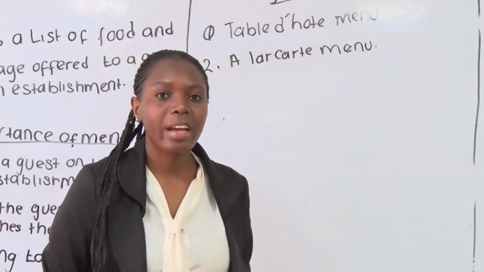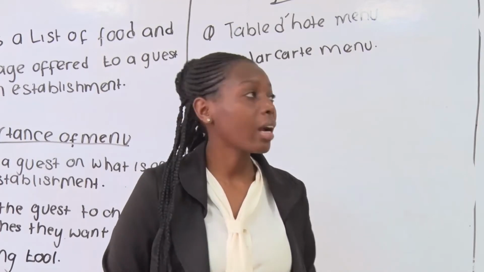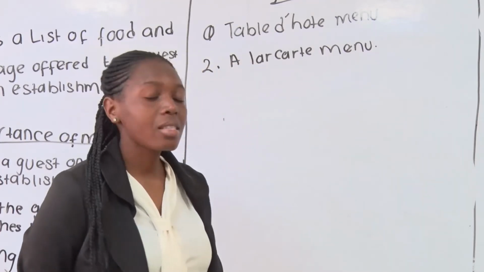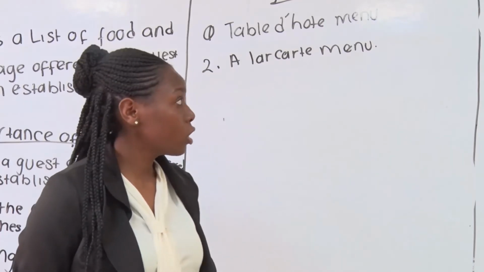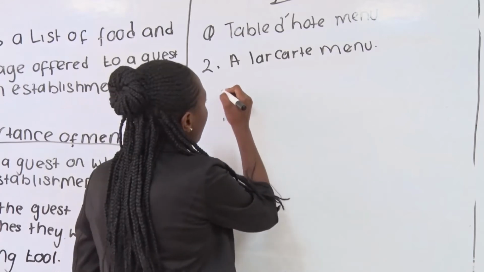The cover is priced according to the order given by the customers. And there are varieties of choices of dishes. And an example of a la carte menu, a structure.